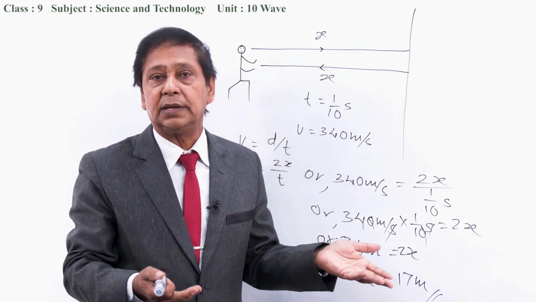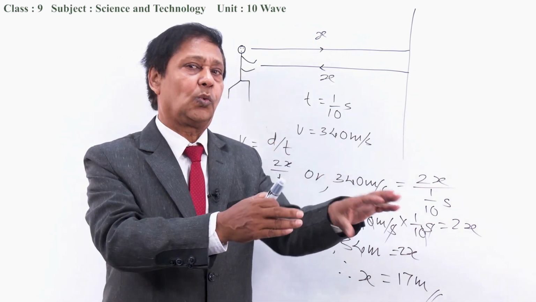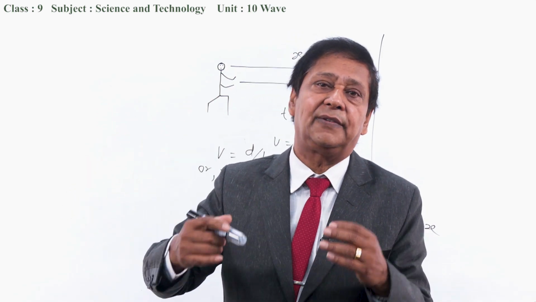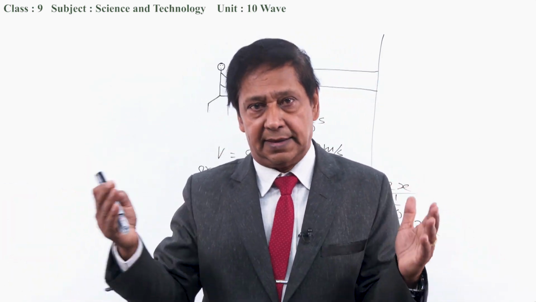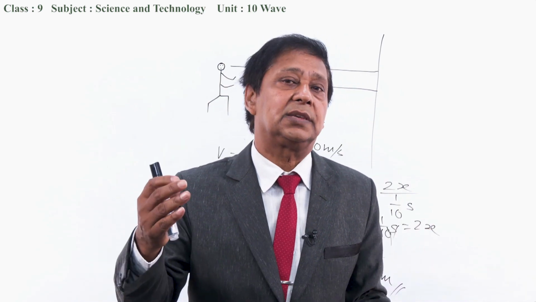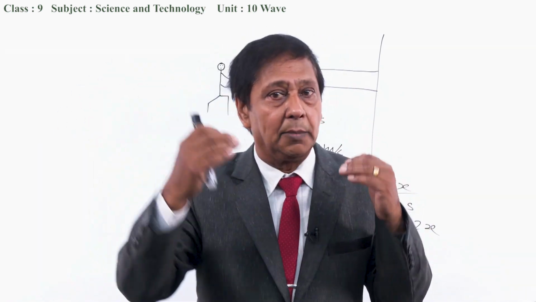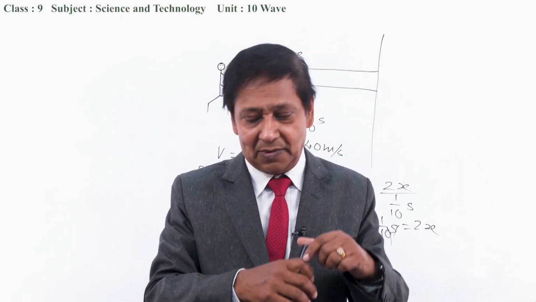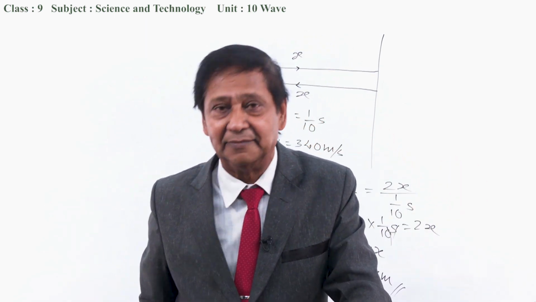This is the condition of reverberation. That's why we can conclude that if the sound reflecting surface is nearby, then reverberation occurs. If the sound reflecting surface is a little away from us, then echo can be heard. Now this is all about echo and reverberation.